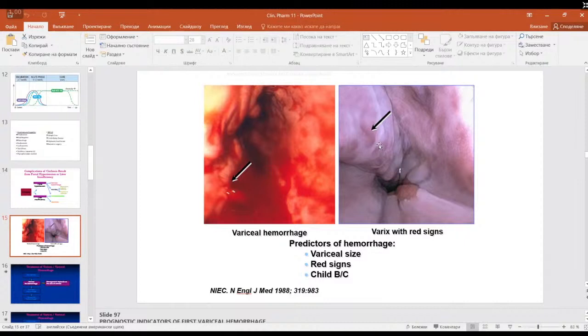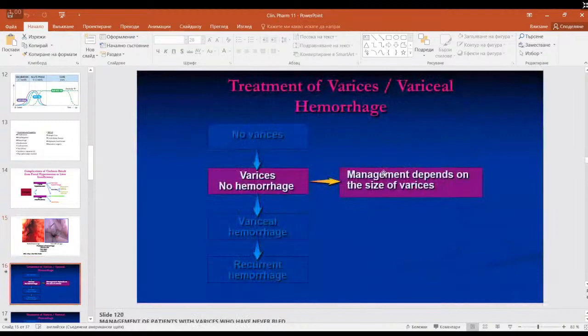Here you see a varix that is not bleeding, but here you see what a bleeding varix looks like, and this is done by endoscopy.